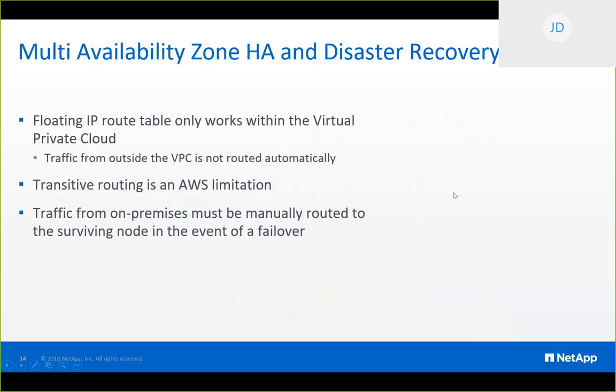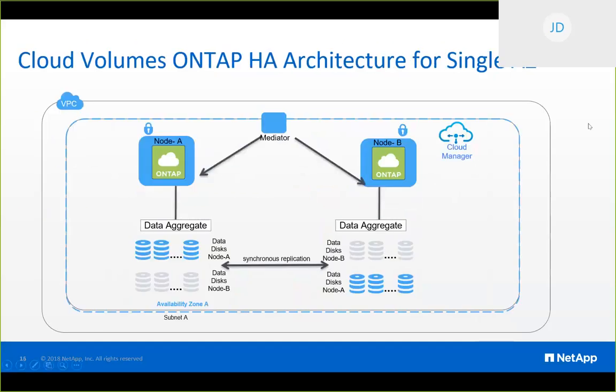Okay, so transitive routing, this is an issue, and we're aware of that. So we actually have another deployment method for Cloud Volumes ONTAP HA, where we put all of your resources in a single availability zone. This helps us avoid the transitive routing issue. As you may notice on this slide, all the components look the same except that we're operating in a single availability zone in a single subnet, and we don't have that floating IP route table.